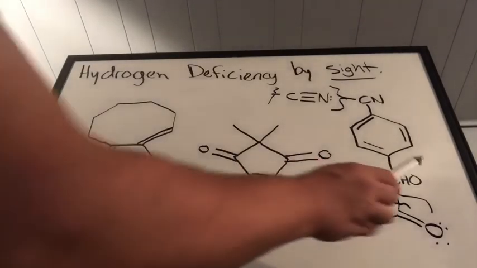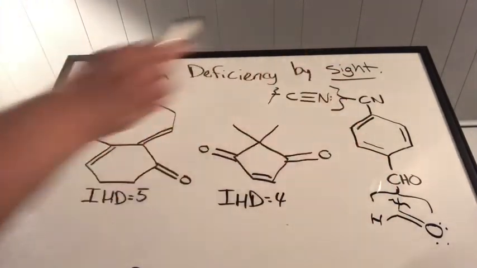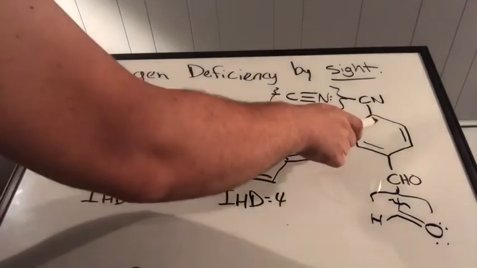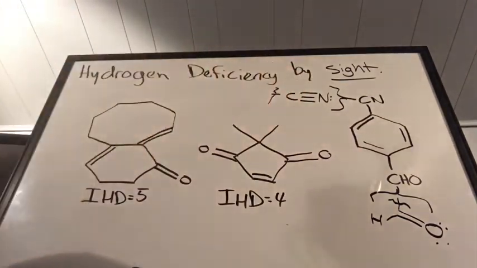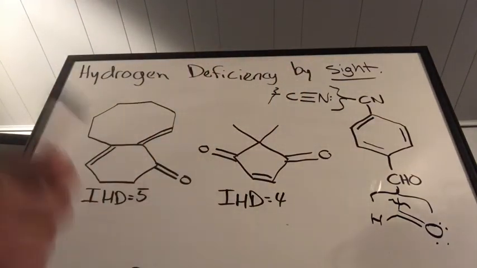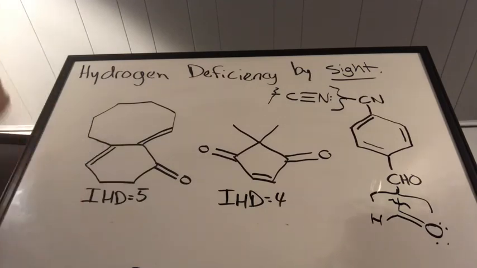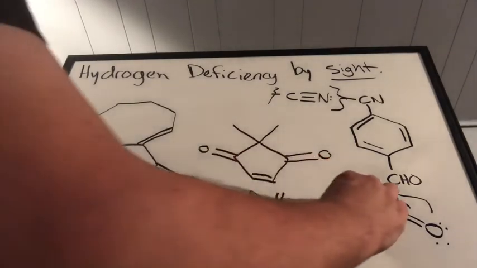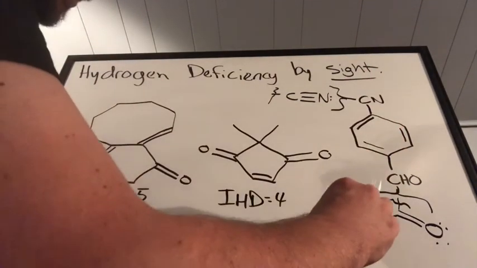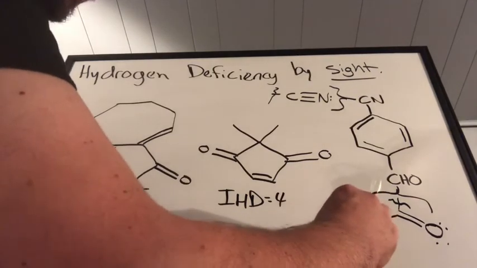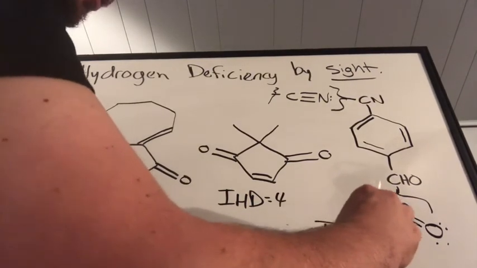So in total, it was going to be 1, 4 to be 5, 6, 7. Do not count sigma bonds. Recall that anything that's a pi bond or a ring is going to add into your IHD. So that IHD for this particular compound is going to be 7. Lucky number 7.